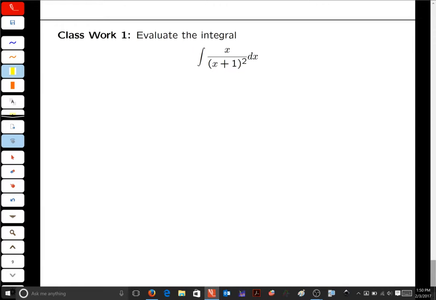You have the integral of 1 minus 1. Yeah, and then you integrate. Plus.